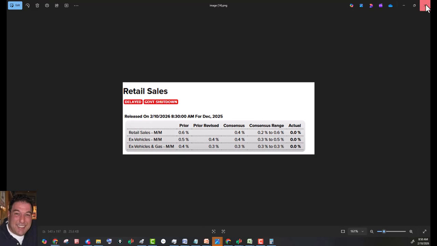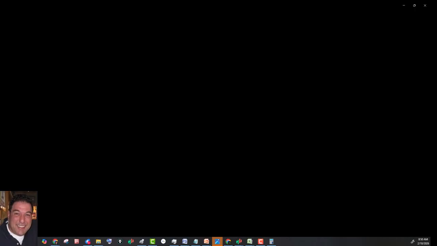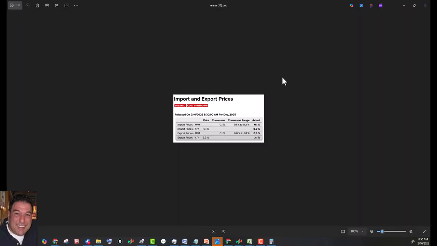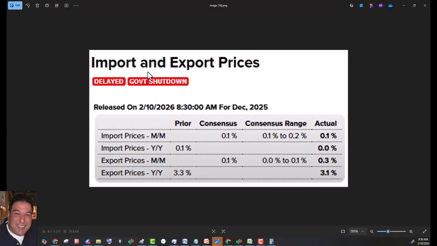All right, the next one I'm going to take a stab at is import-export prices. And sometimes I don't know how to interpret this, but we'll take a stab at it. I'm going to take it for what it is. They're talking about the prices, not the quantity of product.